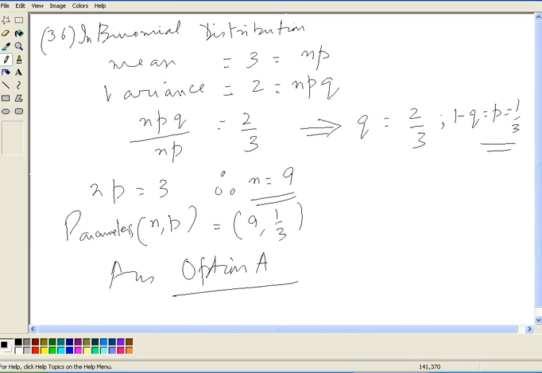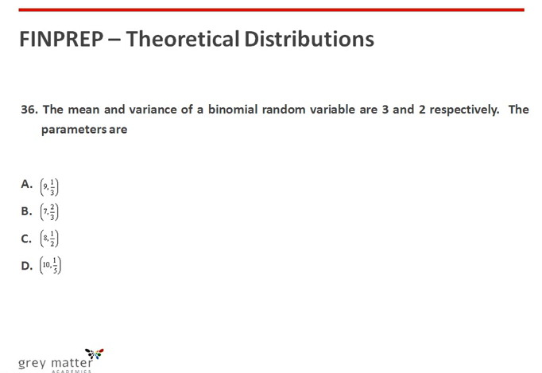Based on that, to calculate n, np equal to 3, so n will be 9. Parameters n comma p will be 9 comma 1 by 3. So the answer is option A. In our PowerPoint presentation, it is option A, which is 9 comma 1 by 3, the parameters n and p.